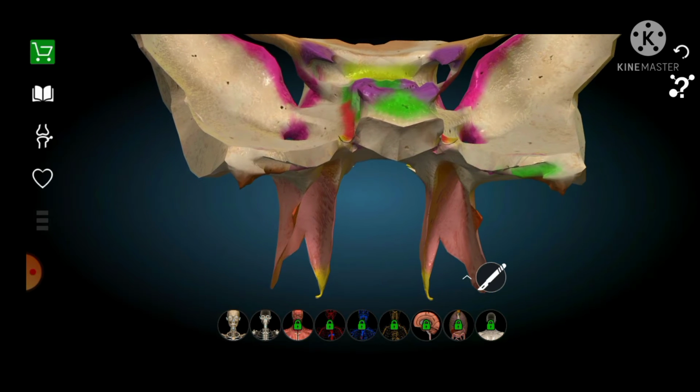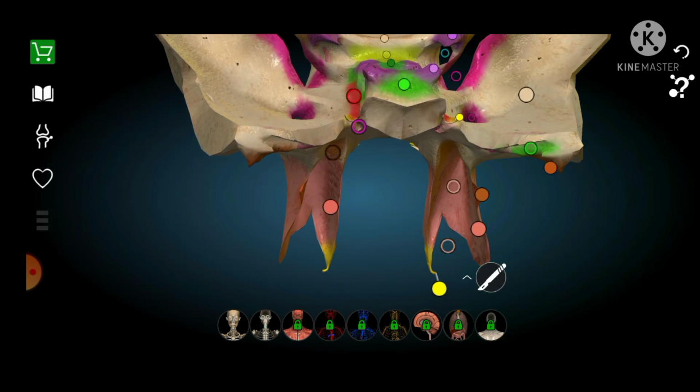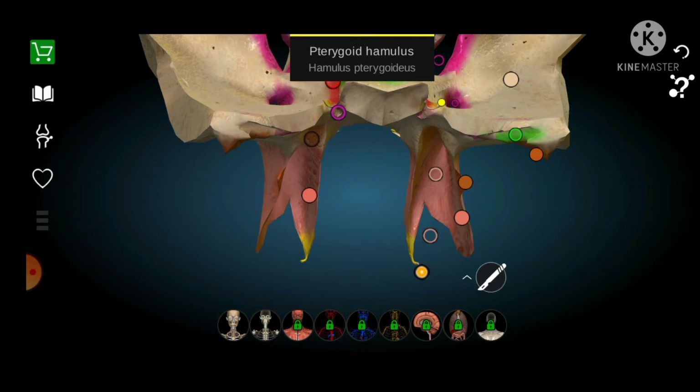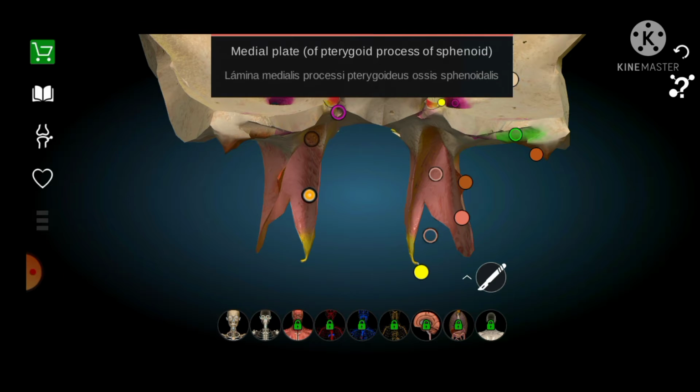Then this is the pterygoid hamulus. This is the pterygoid notch. This is the medial pterygoid plate, and this is the lateral pterygoid plate.